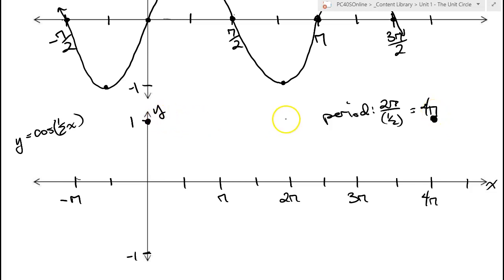In the middle of that, so at 2 pi, that should be where my minimum is. And my zeros should be halfway between that, which gives me a sense of where everything should be. And again, I can start doing my landmarks. You will see in this curve that all of a sudden it becomes much wider.